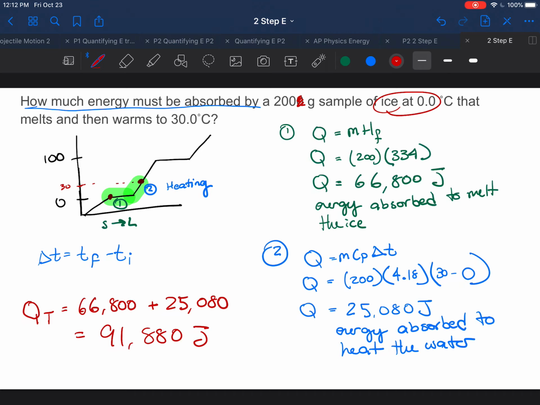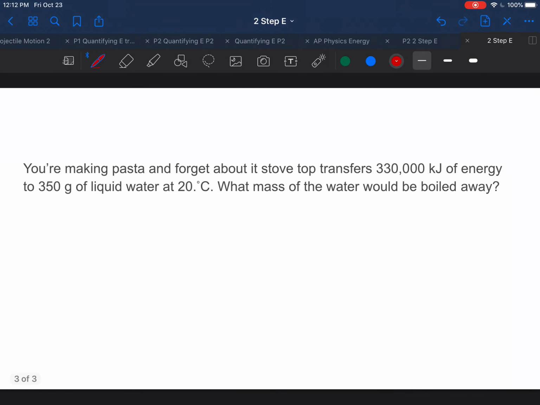So that's one example of a two-step heating or cooling problem, where you have to figure out how much energy is absorbed over the two events.